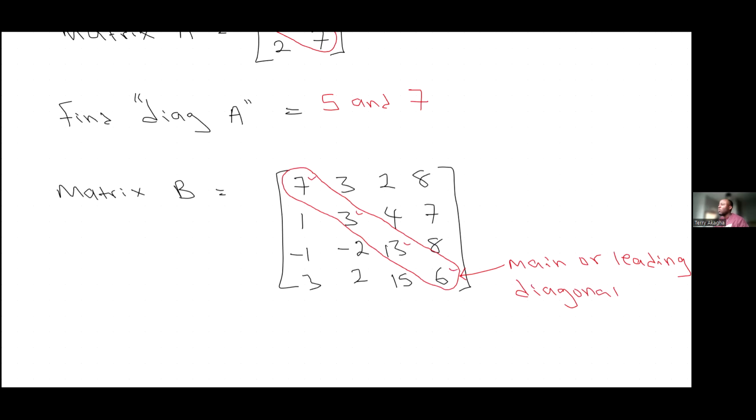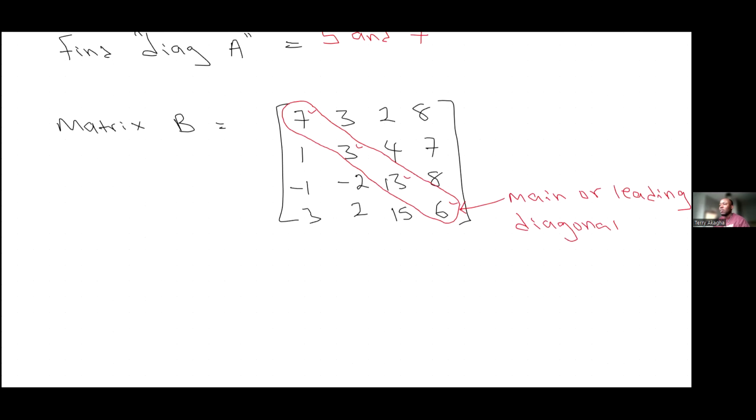So diag B is going to be equal to 7, 3, 13, and 6.